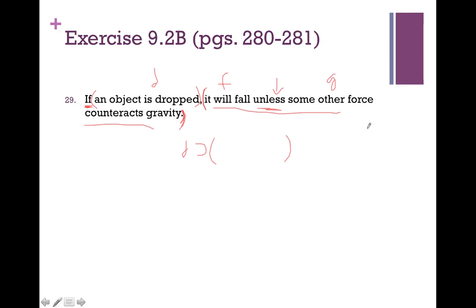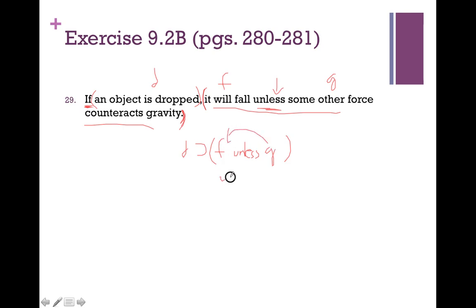Now, so basically what we have here is unless G. So if D, then F unless G. Now, how do we write F unless G? Again, whenever you see something like this, F unless G, you switch the G to the front and you negate it.